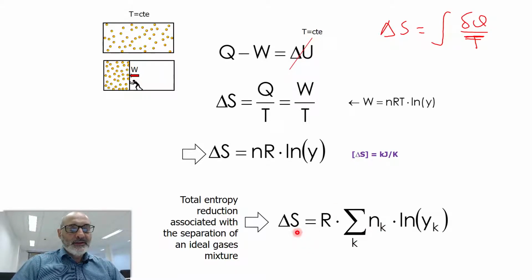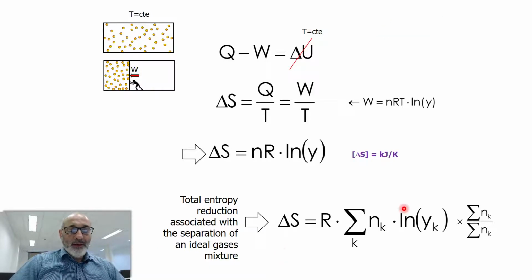This is the total entropy reduction associated with the separation of an ideal gas mixture. Since I use this formula, Y has to be a molar concentration. I don't have the liberty now of using a mass concentration.